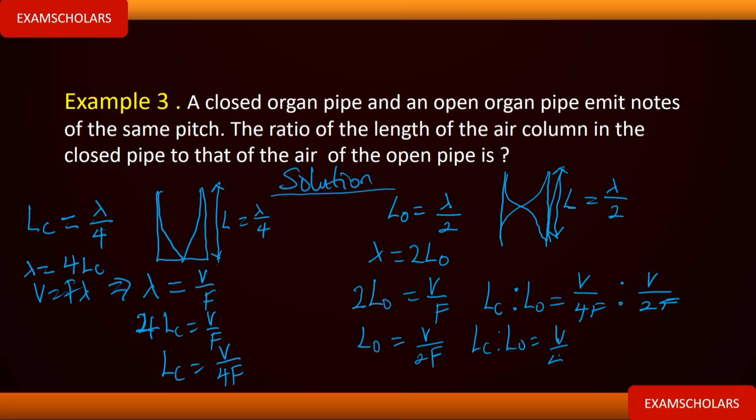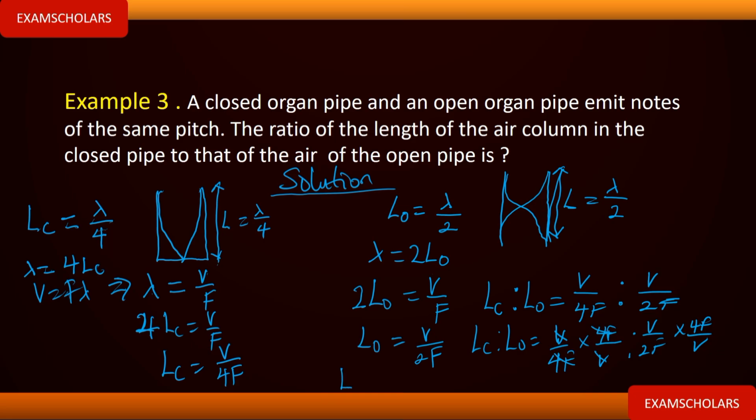L_C ratio L open will now be V over 4F times 4F over V, ratio V over 2F times 4F over V. So we cancel V here, and we cancel 4F here.